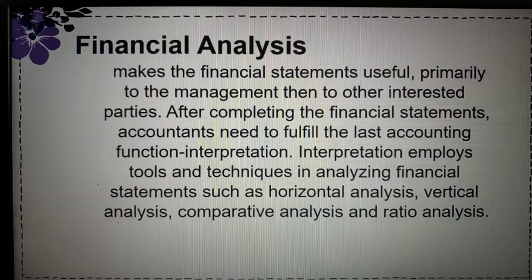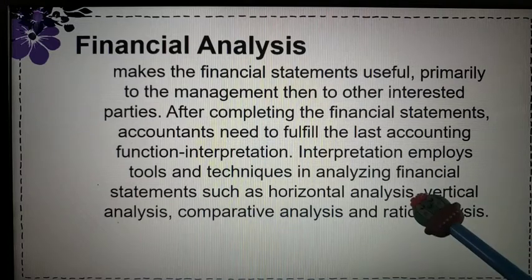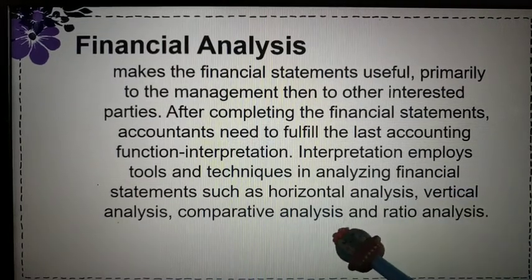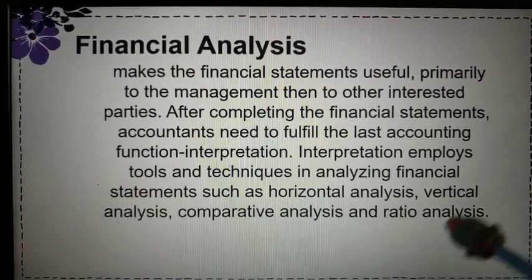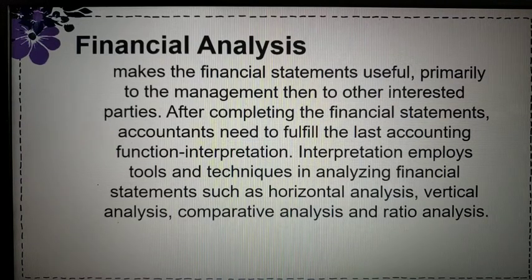Interpretation employs tools and techniques in analyzing financial statements such as horizontal analysis, vertical analysis, comparative, and ratio analysis. The financial analysis will help the user understand more on what is happening in the company, especially on the financial stability of a company.